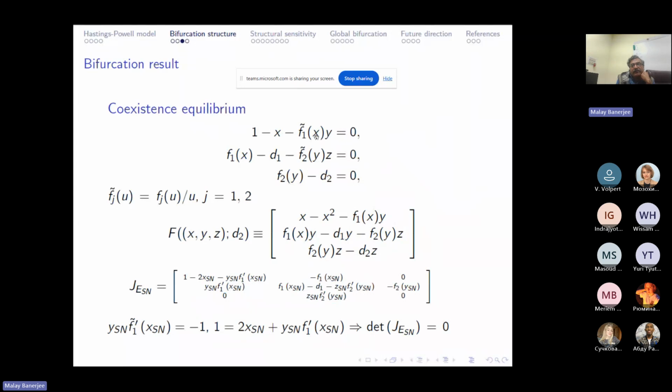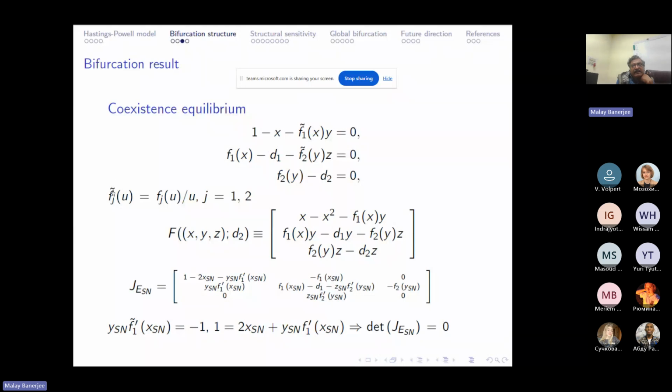By solving these equations, we can find the coexistence equilibrium point. We have given a lot of mathematical conditions, and I am not going into those details, but we can prove that under certain conditions there exists at least one feasible coexistence equilibrium, and under certain parametric restrictions, this model also admits two interior equilibrium points, as we have seen in the previous bifurcation diagram.